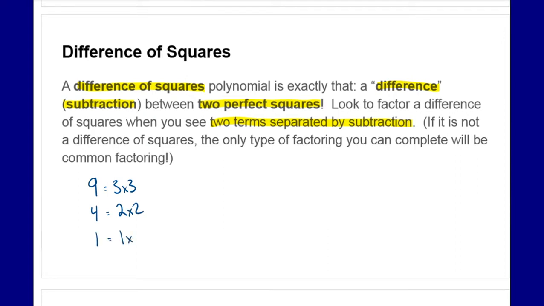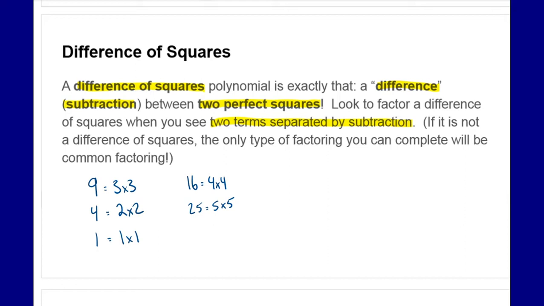It's a perfect square of 1 times 1. So we can think of all these numbers. What's 4 times 4? Well, that's 16, so 16 is a perfect square as well. We could do 25, 5 times 5. So we can think of all those different numbers: 6 times 6, 7 times 7, 8 times 8, 9 times 9, 10 times 10, and so on.